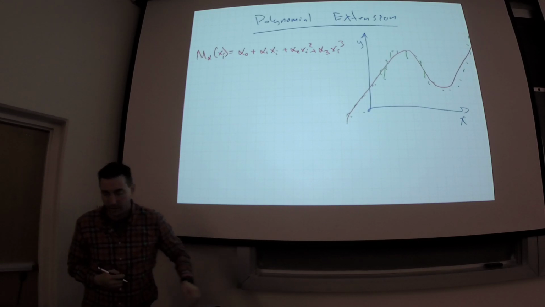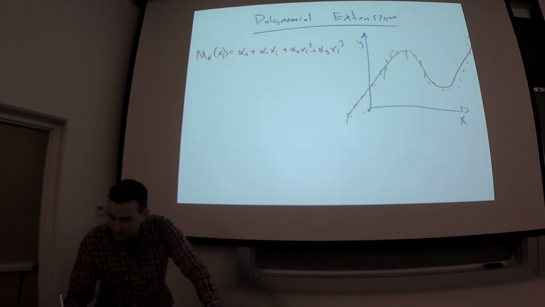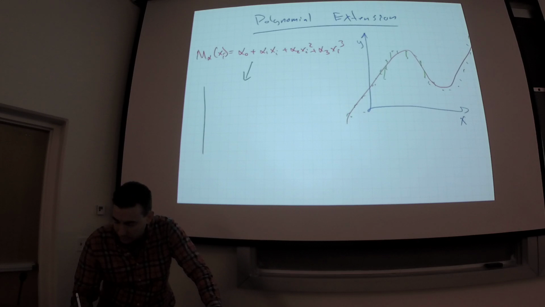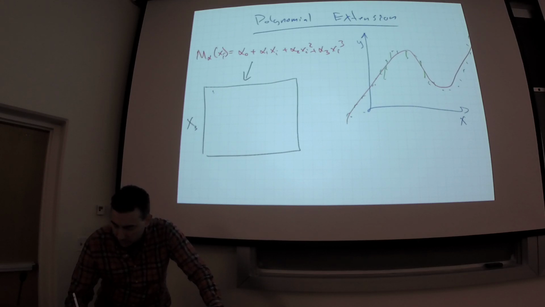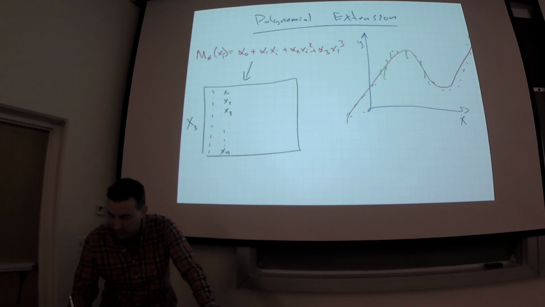And so to solve this, I just convert this into a matrix representation, X3, where the first column is going to be all 1s. The next column is x1, x2, x3, up to xn. The third column is x1 squared, x2 squared, x3 squared, up to xn squared.